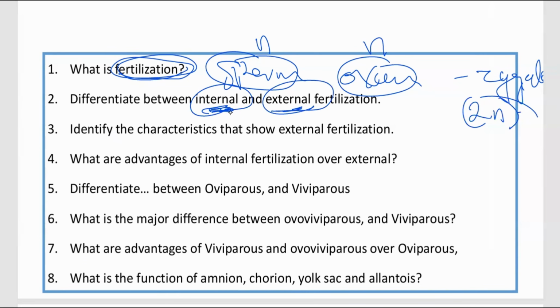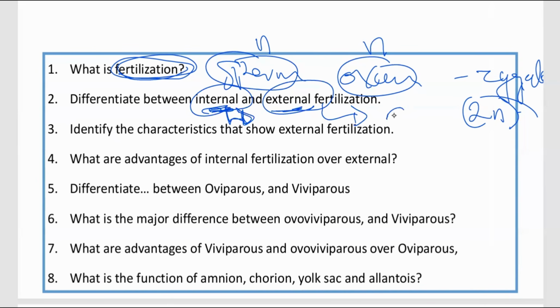You need to know that all organisms which develop inside the mother's womb automatically have internal fertilization, because it can't develop inside the womb and then come out and go back. So the only ones we can suspect to be external are those which develop outside the mother's womb. However, some of them are external fertilization, others are internal fertilization.